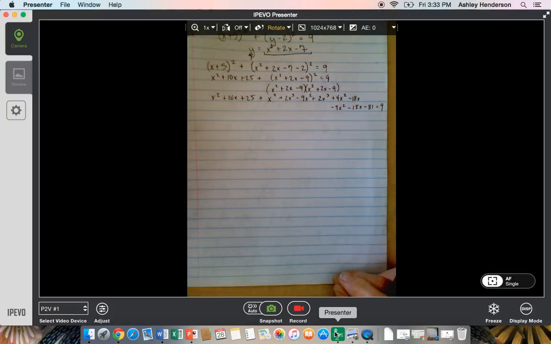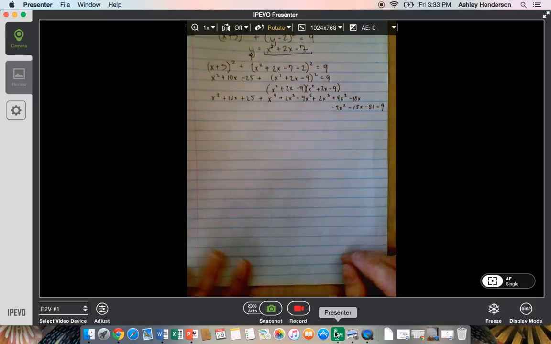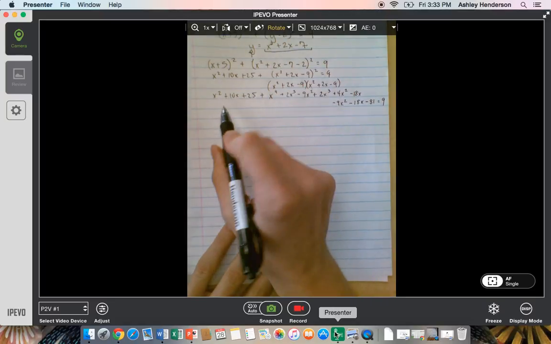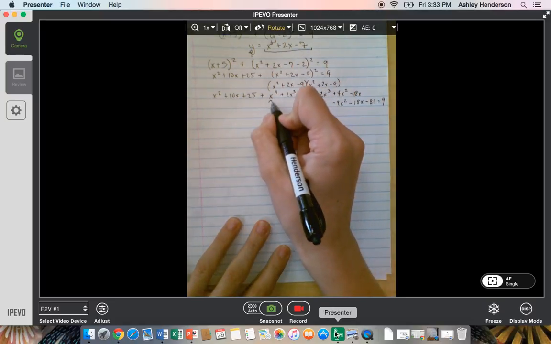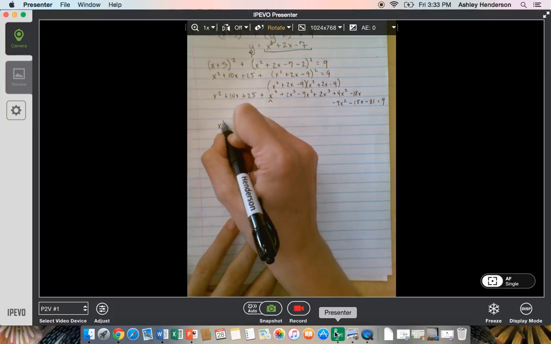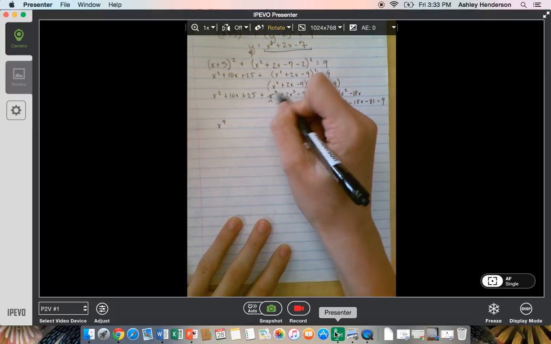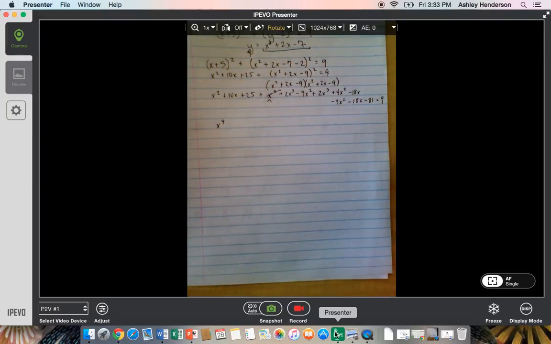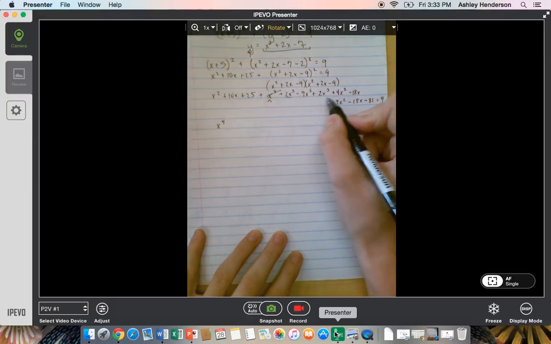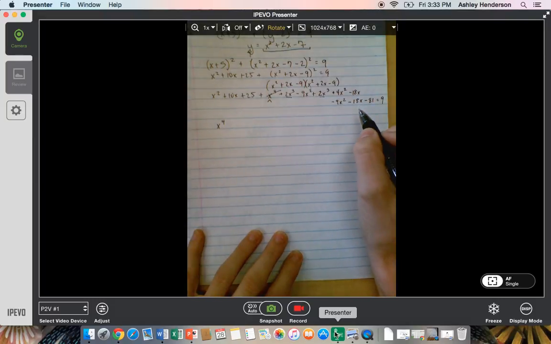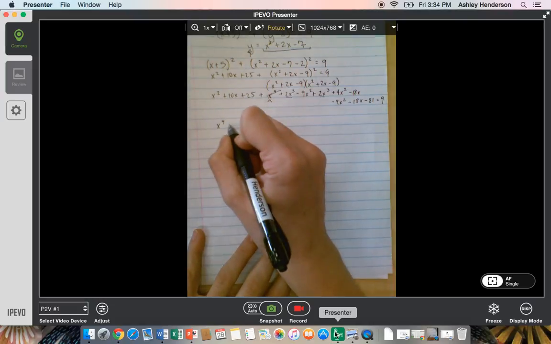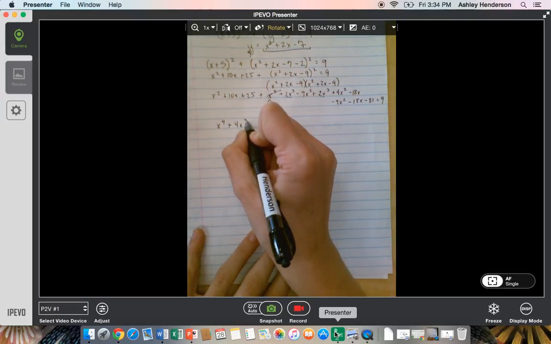So now we have to combine all of our like terms and try to solve that booger. All right. It's only one x to the 4th. X to the 4th. I took care of him. Then do we have any x cubes? Sure, I have 2 plus 2, okay, 4x cubed.